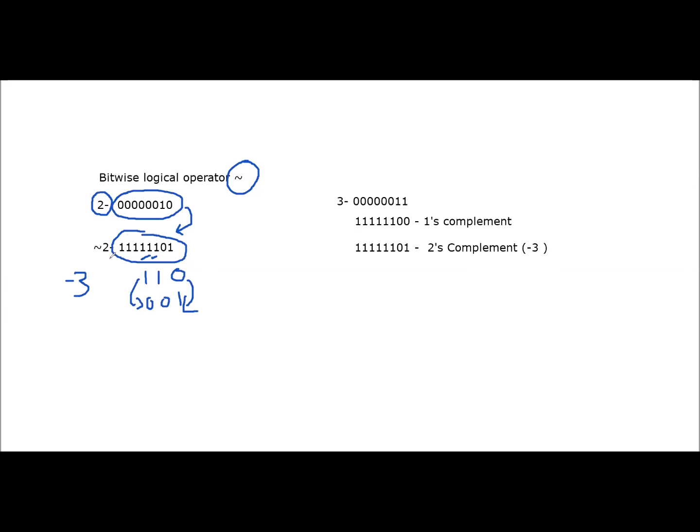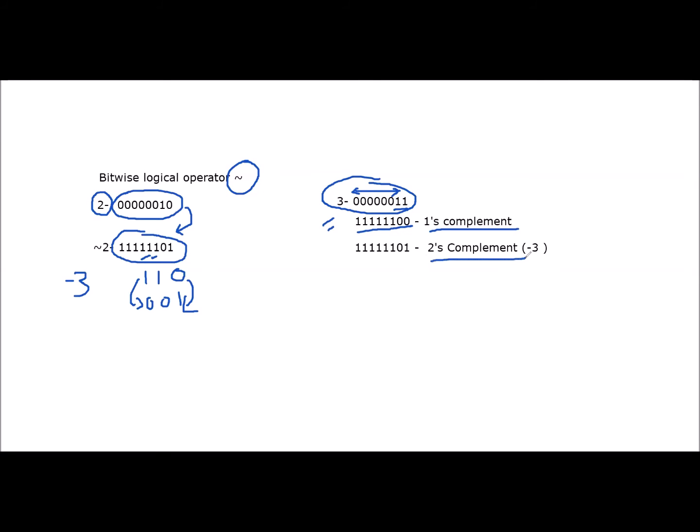For that, first we will discuss what 3 is. 3 is nothing but 0 0, all remaining digits are zeros, and the last 2 digits are 1. Now when we perform the ones complement of this number, we simply perform the complement: all the zeros are replaced with ones and ones with zeros.